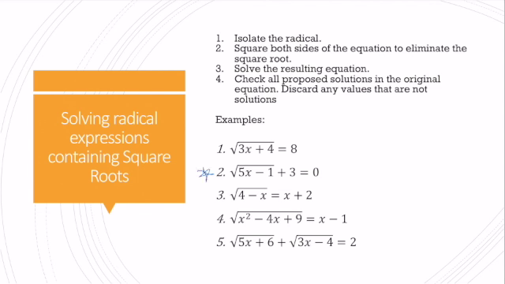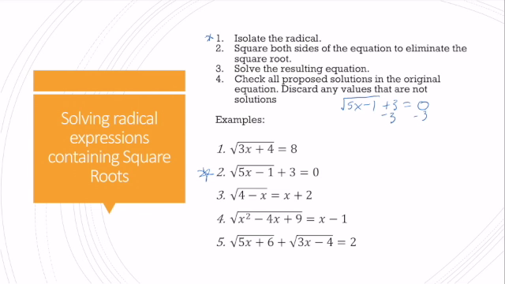Okay, let's take a look at example number 2. If I have the square root of 5x minus 1 plus 3 equals 0, the first thing I need to do is isolate the radical. So I'm going to subtract 3 from both sides.